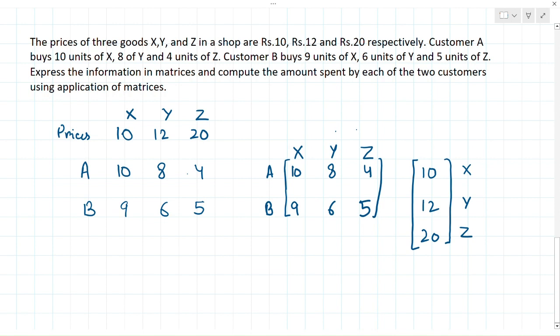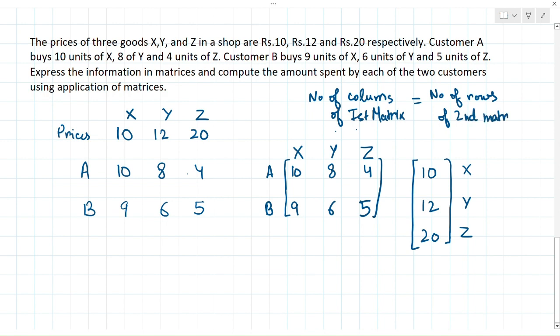And for matrix multiplication there is a very important rule that says number of columns of the first matrix should be equal to the number of rows of the second matrix.